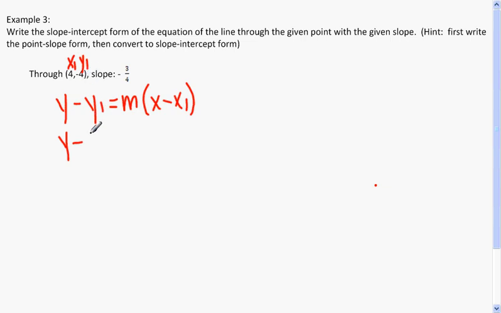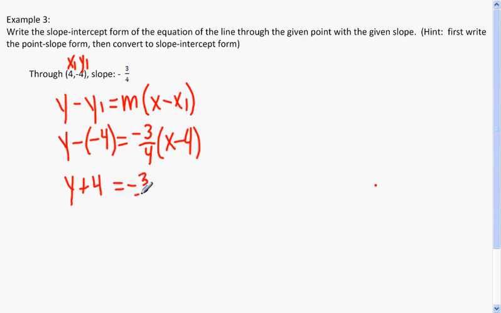We have y minus, this y1 value is -4, equals m is -3/4. And my x1 value is 4. Rewriting, we have y, the two negatives is a +4, equals -3/4, and we have x minus 4, and we have it in point slope form.